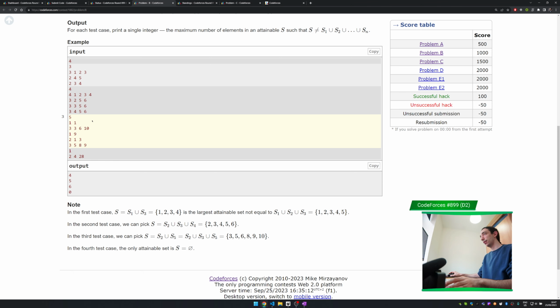Can we make a graph out of this, and then what? Well, this is a good problem, I just don't see it.